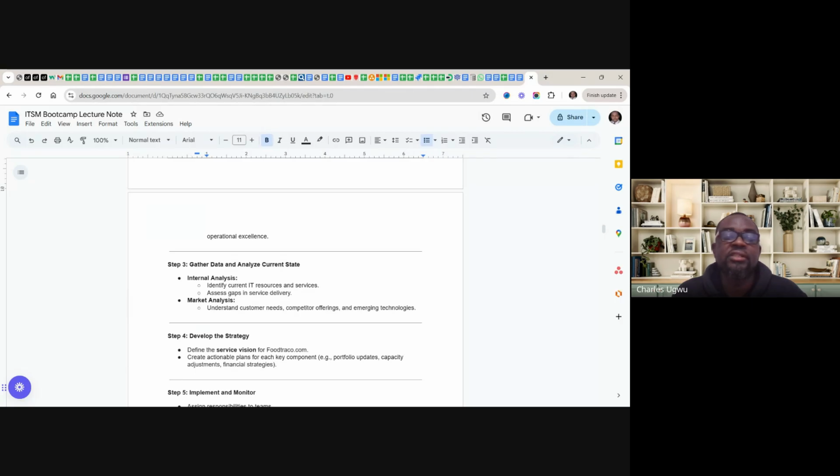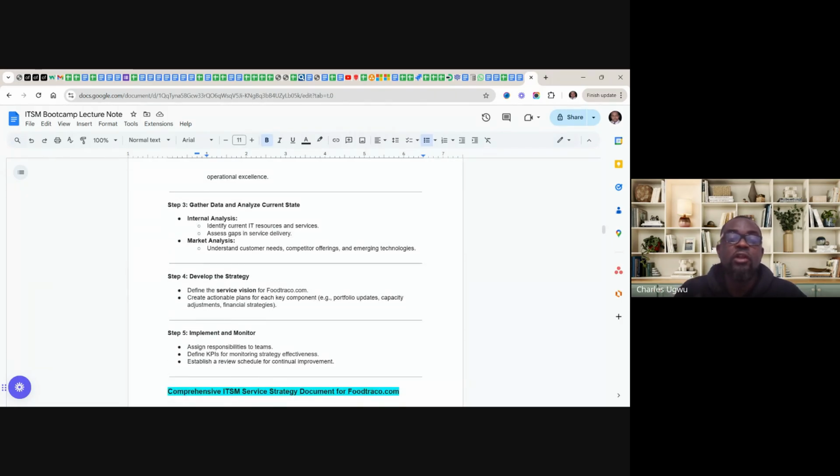Internal analysis: identify current state resources and services, assess gaps in IT delivery. Market analysis: understand customer need, competitor offering, and emerging technologies. And 4, develop the strategy. So you can see how you get to this stage. This is what we are planning to do, to develop a service strategy.